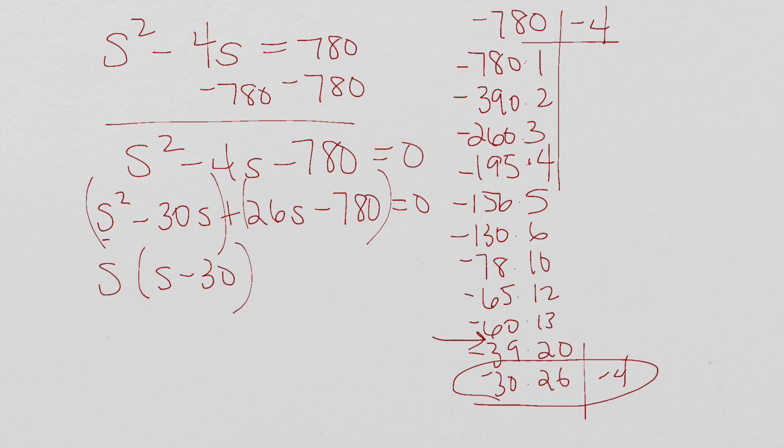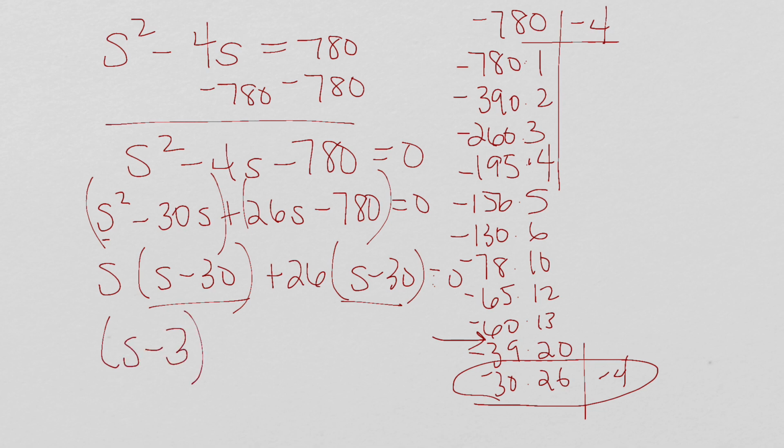The second pair, I can take out a 26, and that leaves me with S minus 30. It's still equal to 0. I'm going to take out this common binomial, S minus 30. I'm left with S plus 26 equals 0.